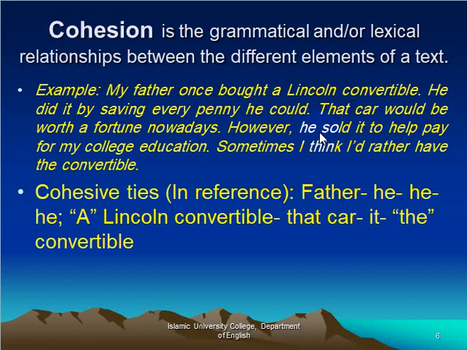Now, in terms of reference, how to refer to things, the cohesive ties, or cohesive connectors, what connects a text, are father and the reference to this referent, he. A Lincoln convertible, that car, it, or the convertible.